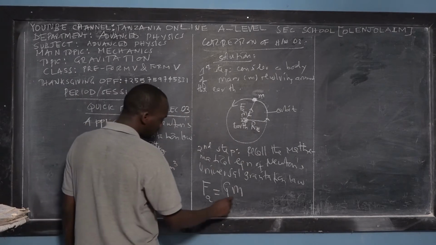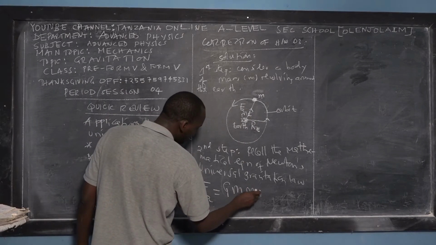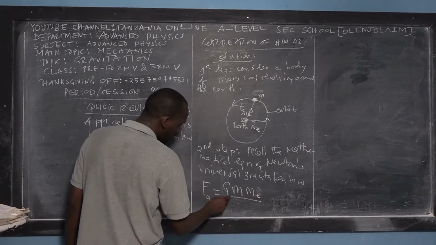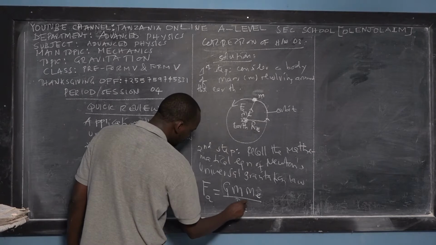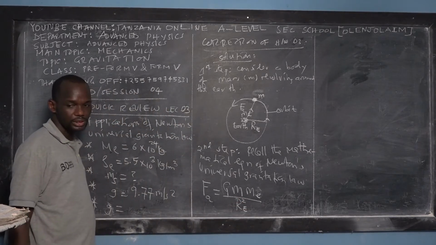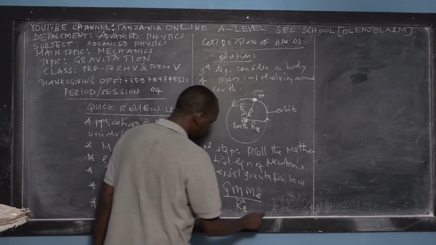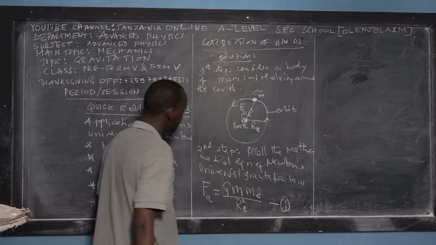Okay? So you say the mass of the body, multiplied by the mass of the S, divided by the radius of the S squared. So this we call the first equation.